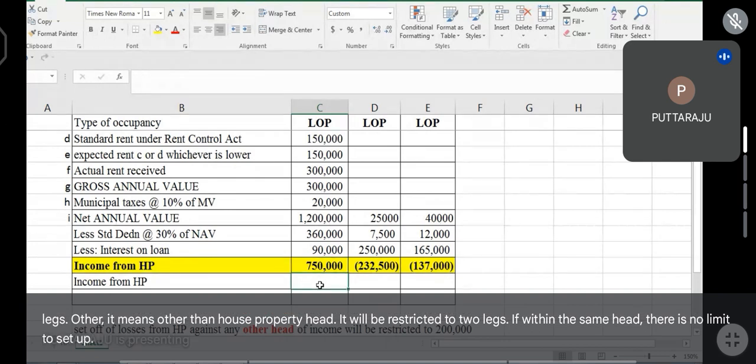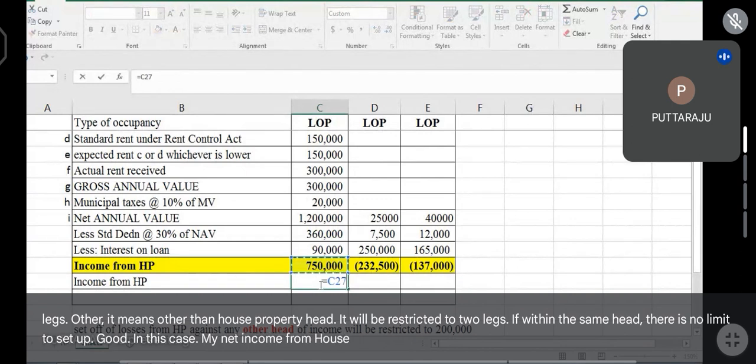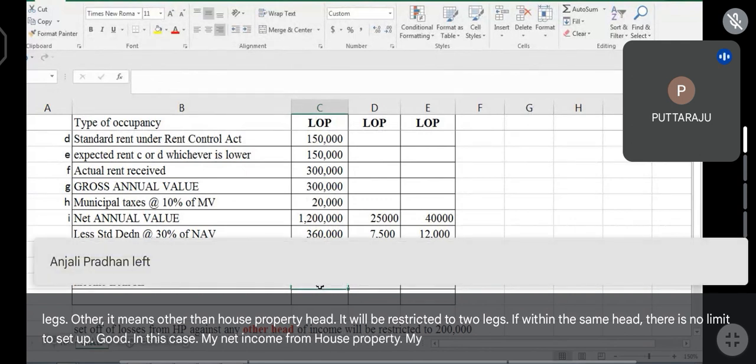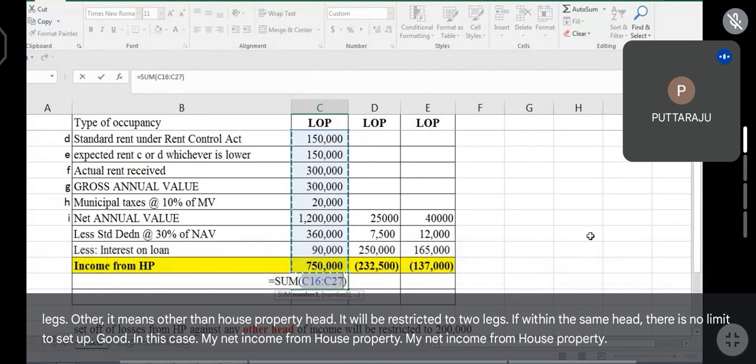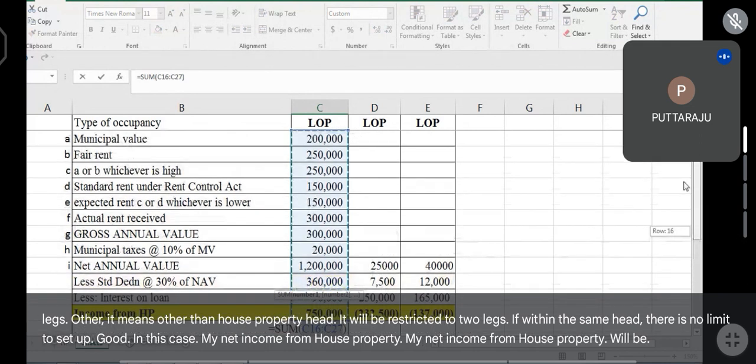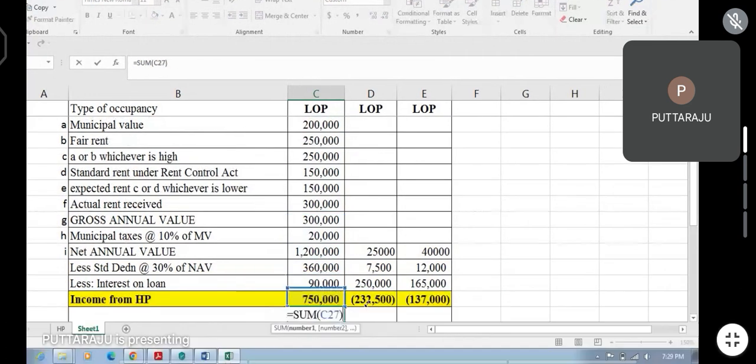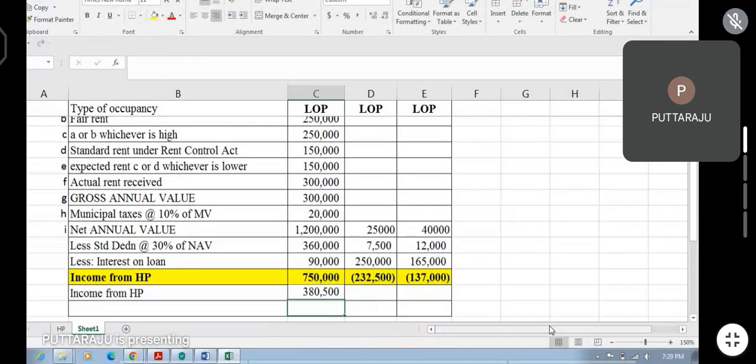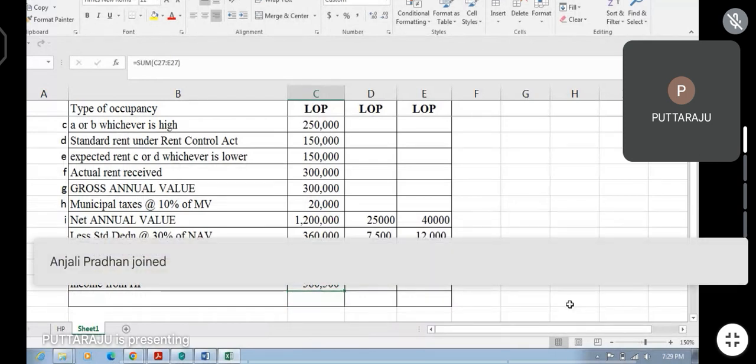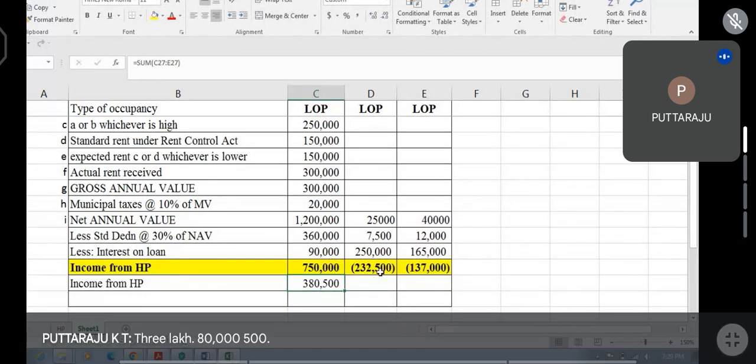Okay, in this case, my net income from house property will be 3,80,500 after setting off these two losses. 7,50,000 is my income from house property from house number 1.